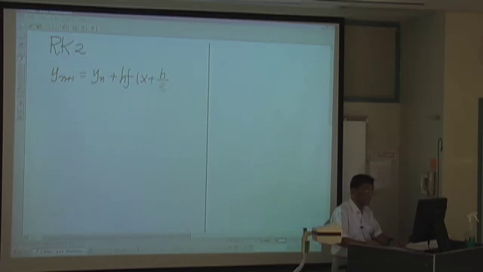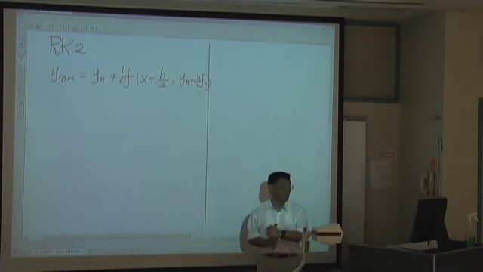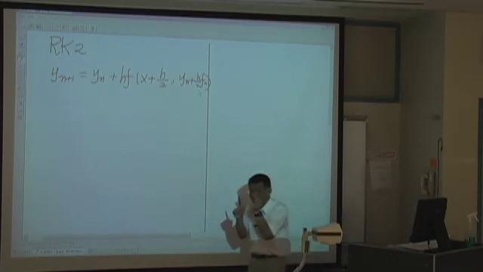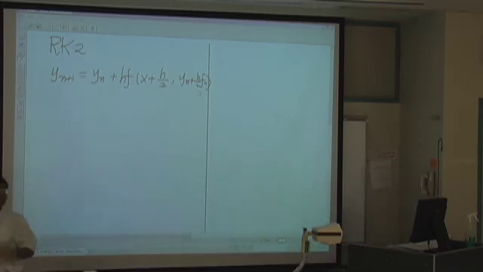We increase just half, right? We do not increase full H. Do you follow me? This is the RK2. So this is also called midpoint method, right? Midpoint, because it uses real midpoint. There are two different midpoints. The previous one should not be used. This one can be used.